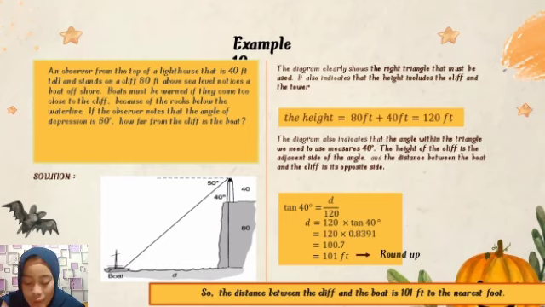And next, 120 times 0.8391, and the value of D is 100.7, and we round up the value, then we get D equals 101 feet. So the distance between the cliff and the boat is 101 feet to the nearest foot.